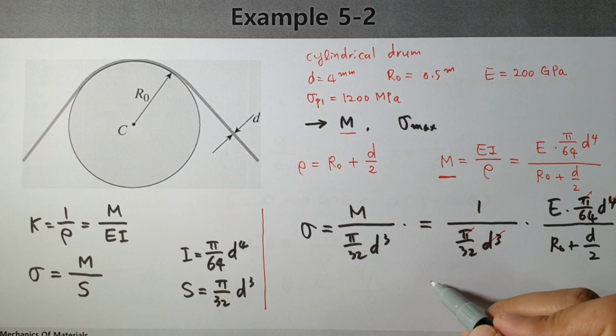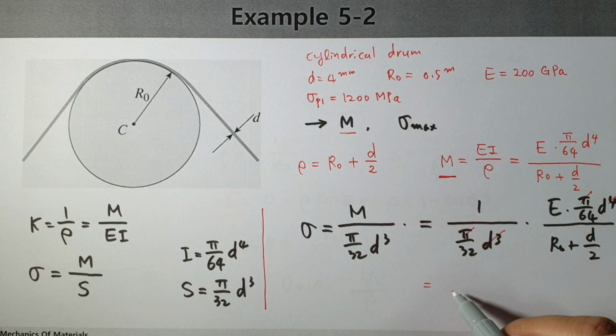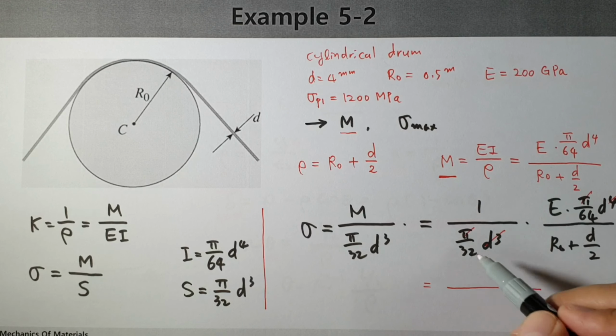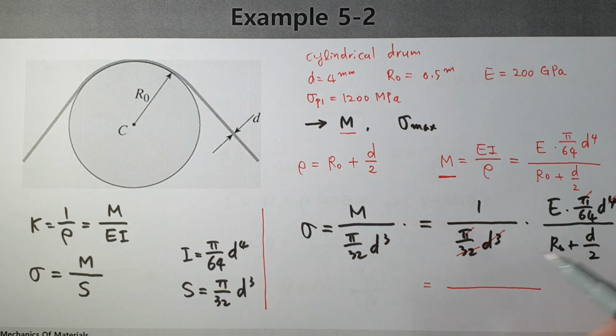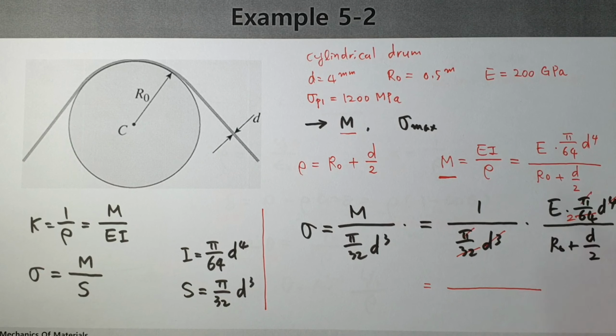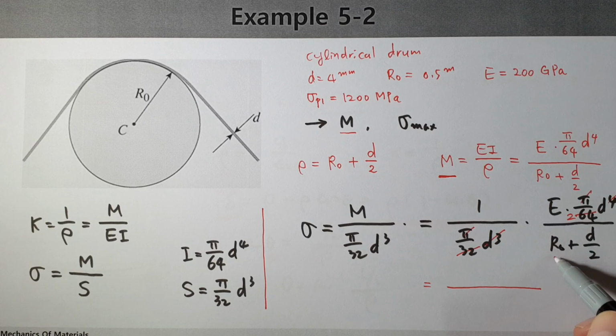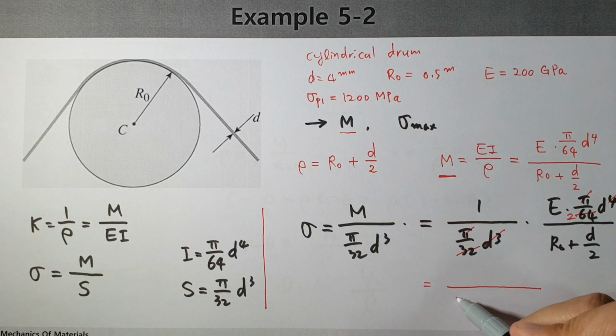And finally we can summarize. 32, maybe this one is also cancelled instead of 2. Okay, then 2 goes down there, 2 r0 plus d.